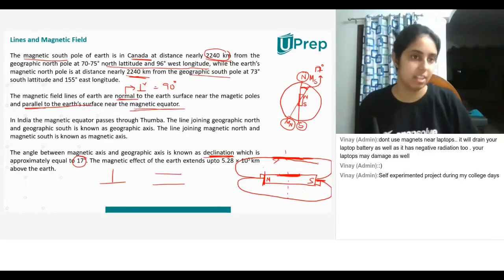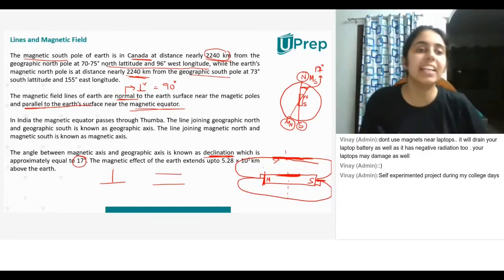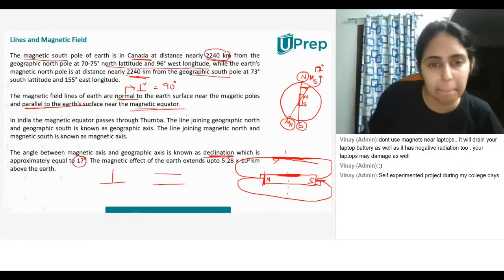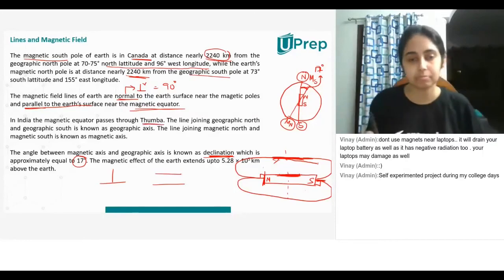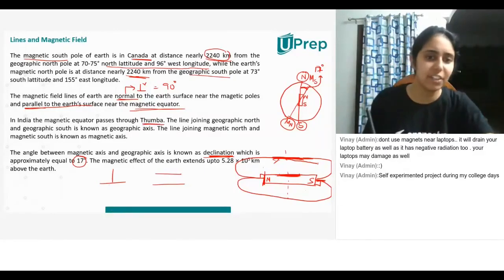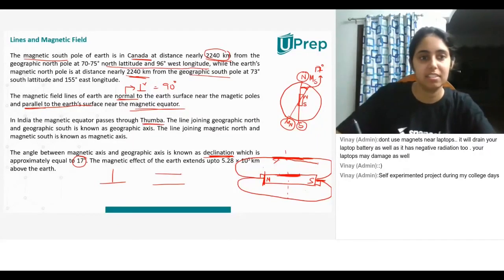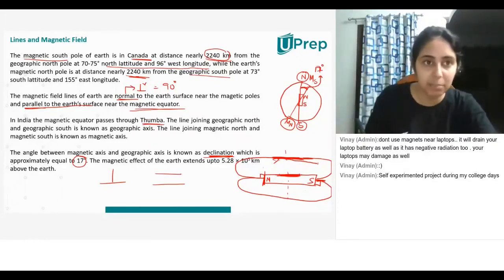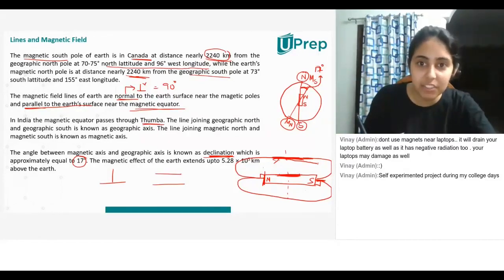Okay. So in India, the magnetic equator passes through Thumba. I'm not sure where exactly. Is it Thumba? Where is that? I think in Kerala there is a rocket science research center, and its name is Thumba. It is in Thiruvananthapuram.